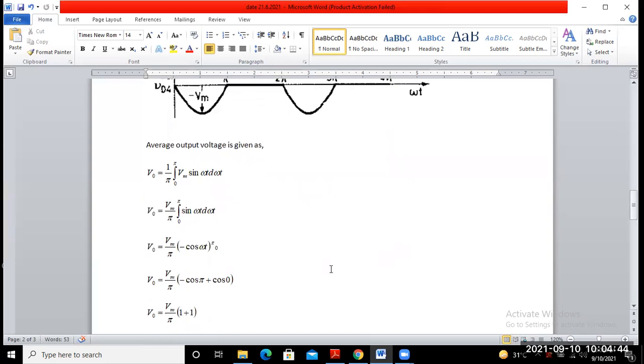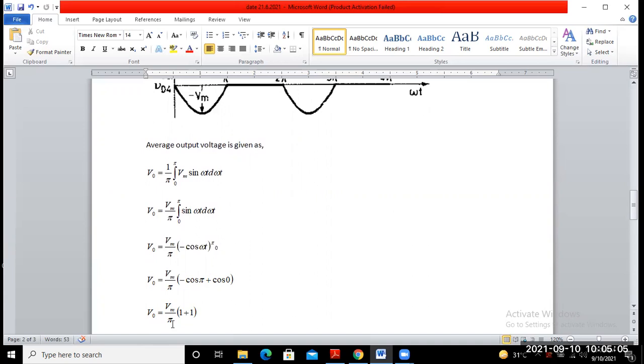So minus cos pi means plus 1, and cos 0 is 1. So Vm by pi into 1 plus 1, that means 2 Vm by pi. So the average output voltage for the single phase full wave uncontrolled rectifier is 2 Vm by pi.